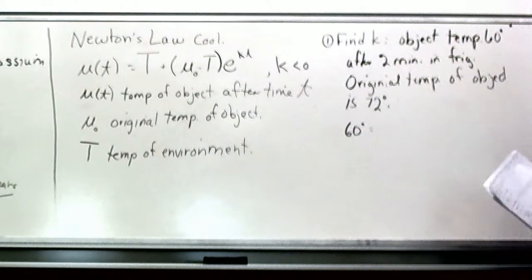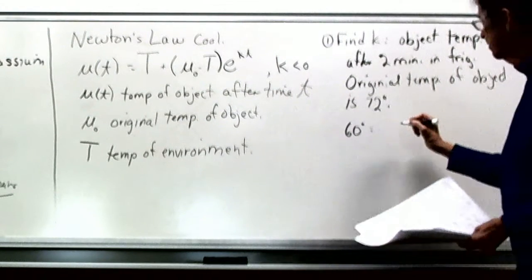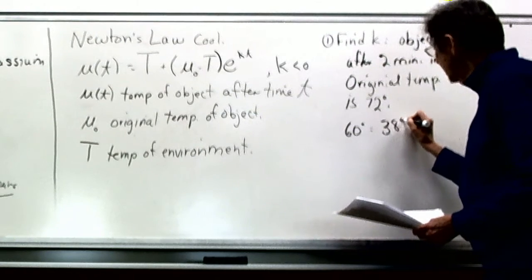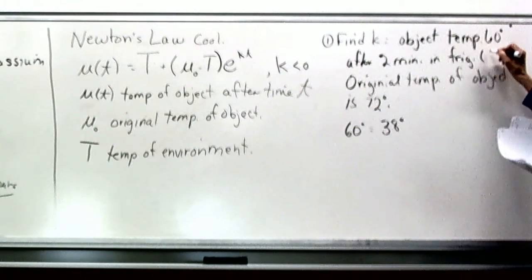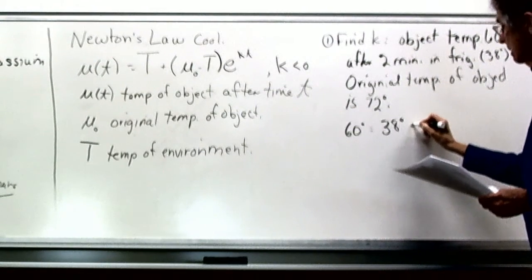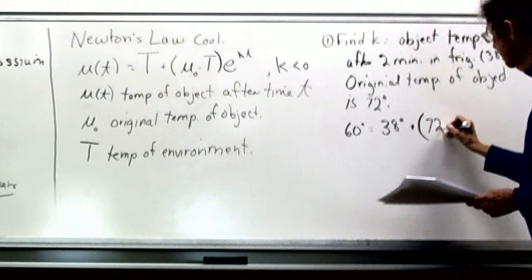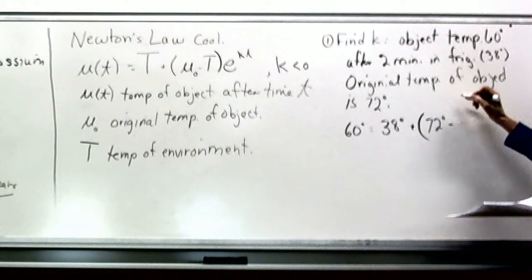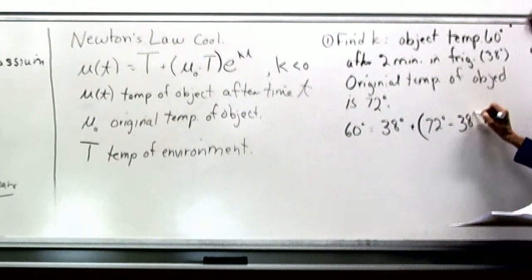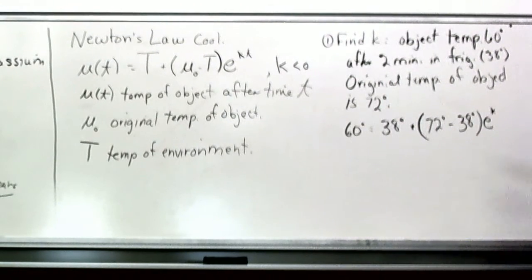The surrounding temperature is 38 degrees. I guess I didn't tell you that. In the refrigerator, plus the original temperature of the object, which is 72 degrees, minus the temperature in the refrigerator, 38 degrees, e to the k, and we achieve the 60 degrees after 2 minutes.